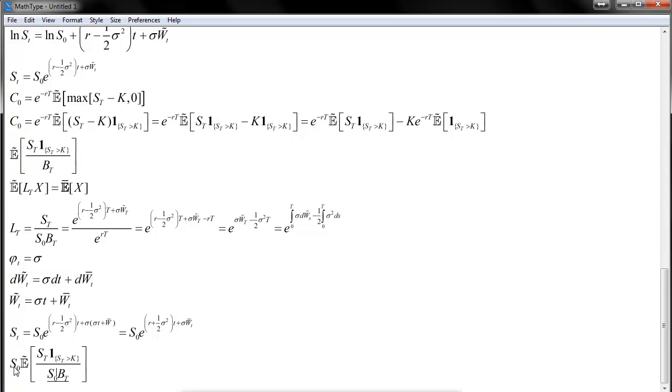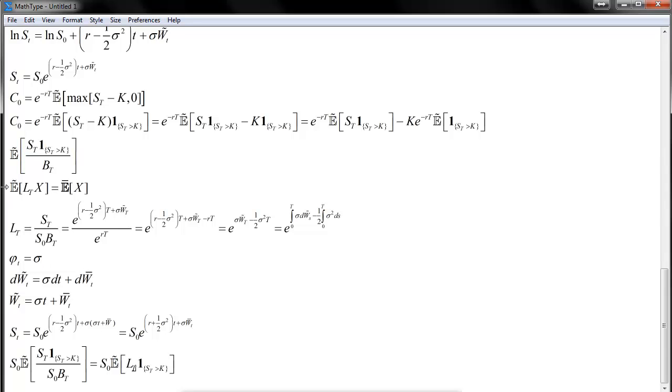This can be obviously factored out from the expectation, because this term is known. Okay, so there is no expectation basically. And now we have the Radon-Nikodym derivative inside. So this is equal to S0 times the indicator function times LT.